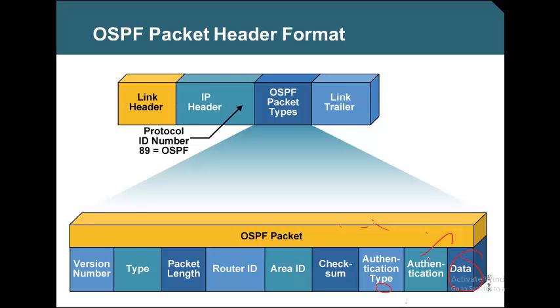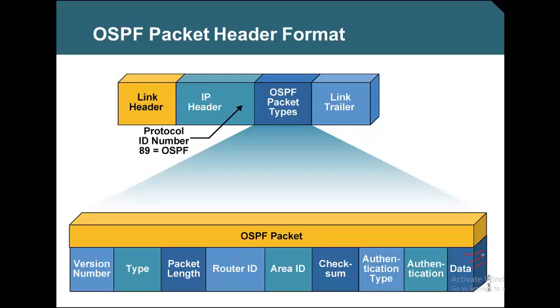If it is type 1, which is called hello packet, the data will be the hello packet information. If it is type 2, then it is called DBD, database description. That is called LSDB. It will be bigger in size. The data will be too much. Type 3, LSR, link state request.